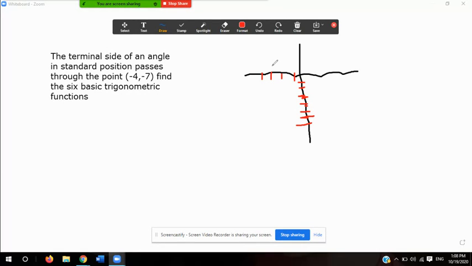And we have negative 4. And down here we have negative 7.